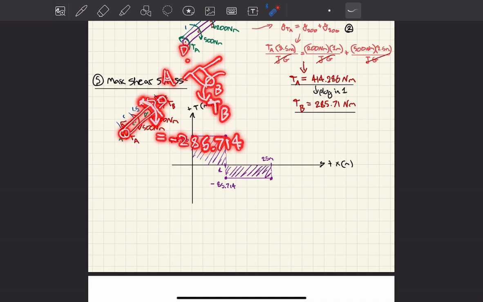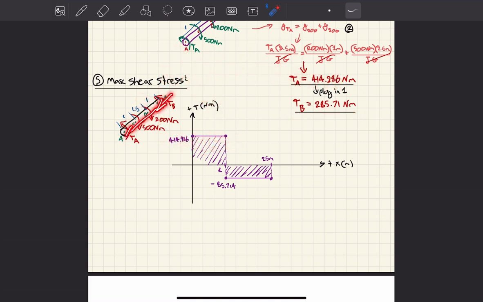So the torque at my section equals positive 285.714, TB. See how it works out beautifully? Even if you went from this side to the other, you would still get the same answer.